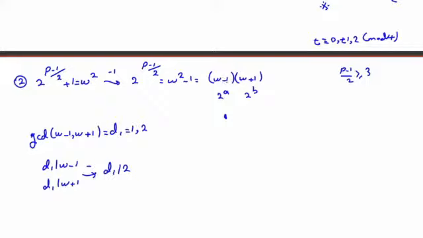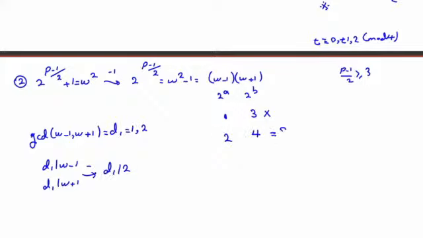Then W minus 1 is 1, so W is 2, so W plus 1 is 3. It's a contradiction. If the GCD is 2, this one should be 2, the next one should be another power of 2, so W minus 1 is 2, so W is 3, W plus 1 is 4.